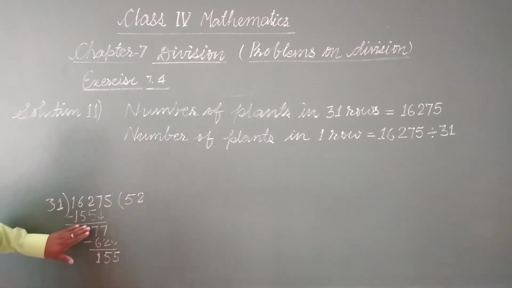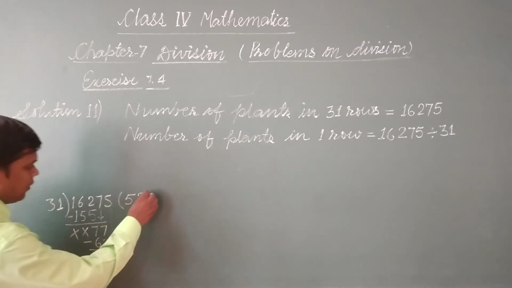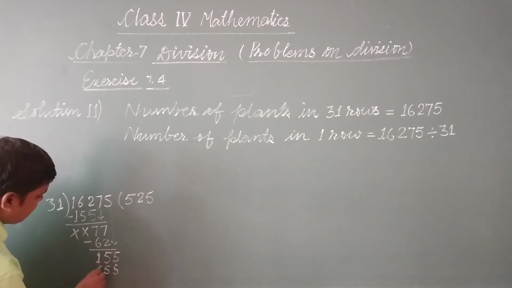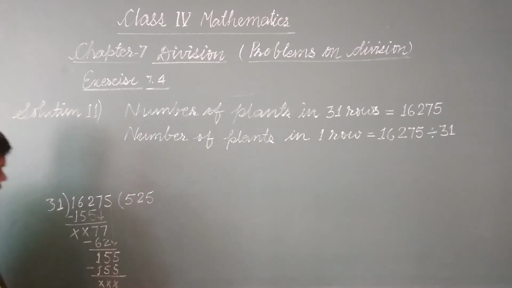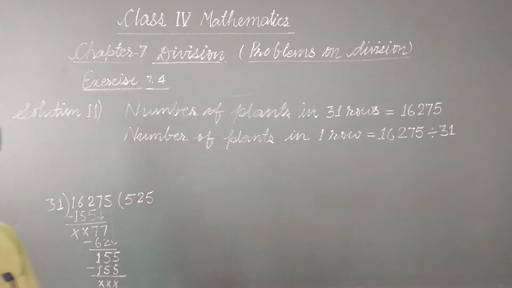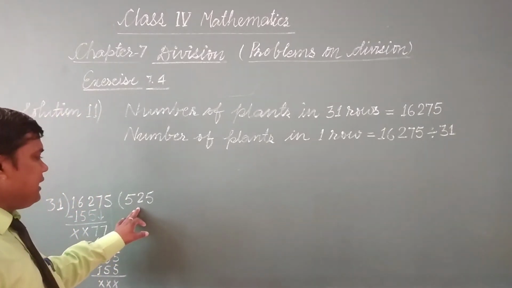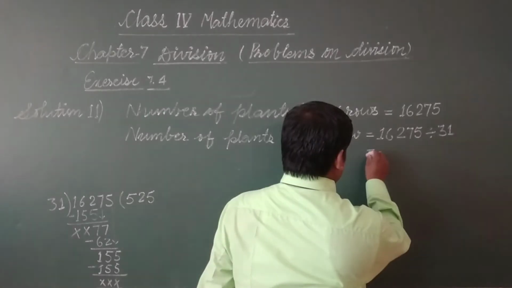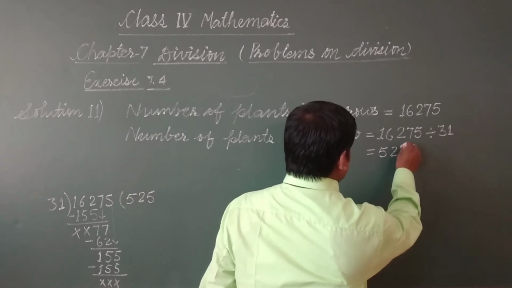Now just now above we have written 5 times 155, so we write here 5 times 155 and minus, so it is crossed, means we got remainder 0. So our quotient is here 525.